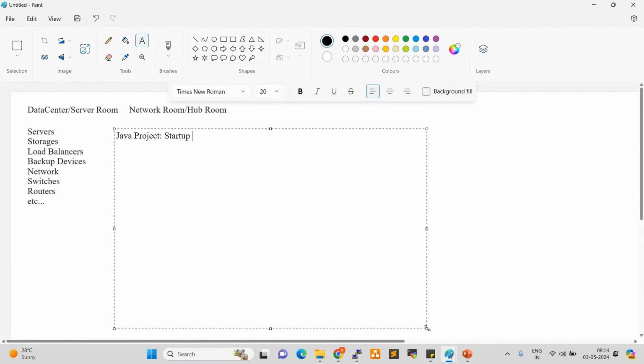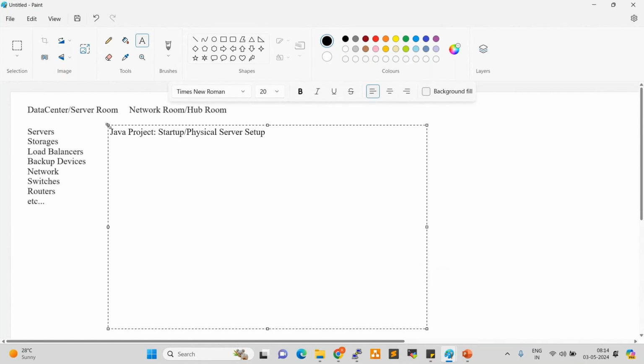So this is a physical server setup. It is not cloud servers. I'm not using cloud servers here.